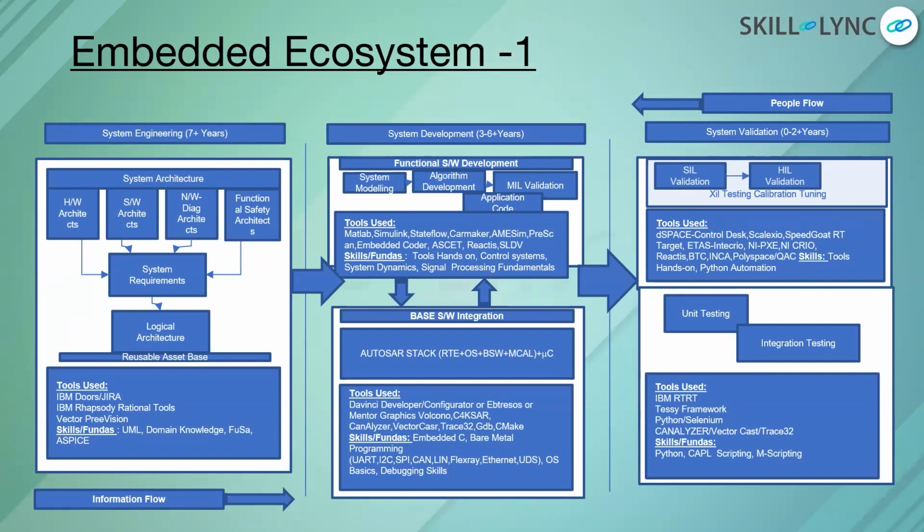Somebody would have started their career as a validation engineer, then moved on to development, then moved on to system engineering. But now we are seeing a different trend where freshers are getting into system engineering, GETs are getting into development, and even senior members are working in system validation.